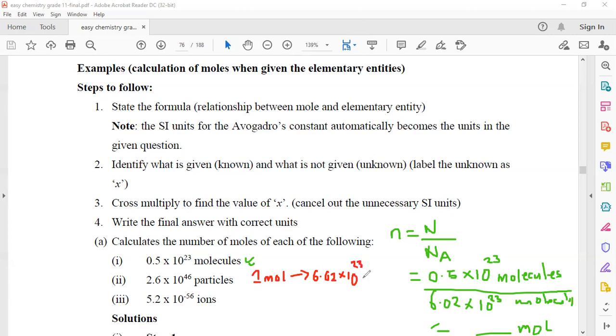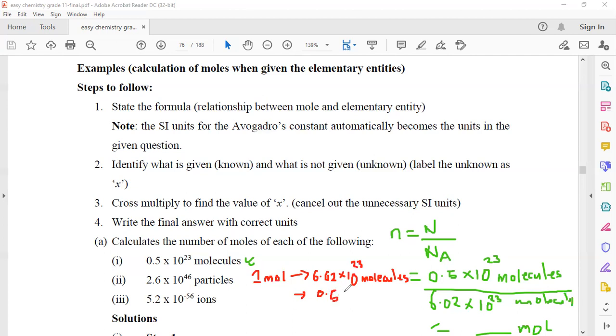So this constant number becomes molecules, because we're looking at molecules.